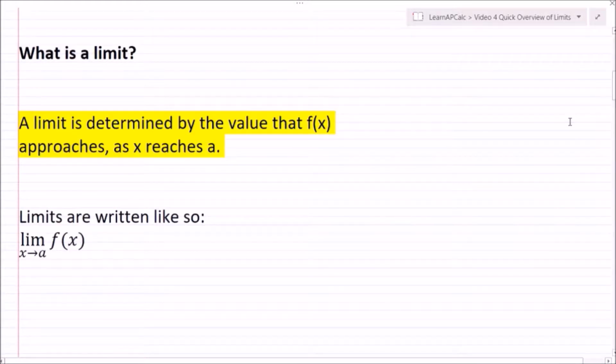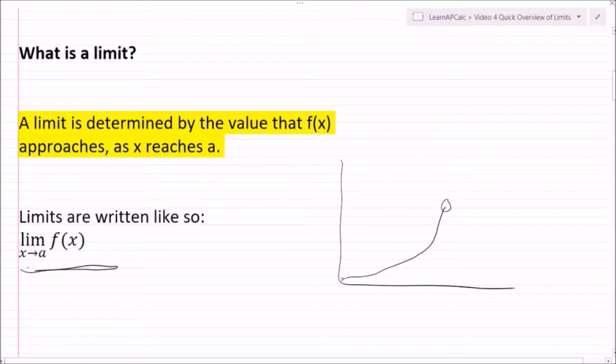Alright, so let's start by talking about limits. Well, you might be wondering, what is a limit? A limit is determined by the value that f of x approaches as x reaches a, and would be denoted like so. So let's say we have a graph here, and we have some function, f of x, and we'll say at x equals a, there's a hole.